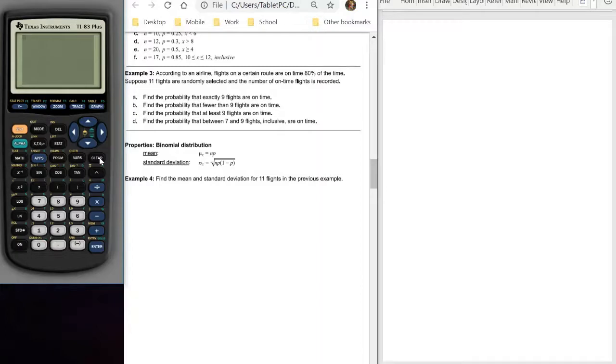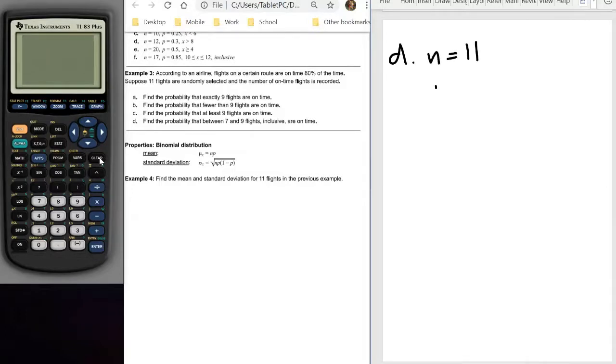In part D, we're looking to calculate the probability between 7 to 9 flights being on time. Now, notice the word inclusive here. The word inclusive means that between 7 and 9, we want 7, 8, 9. Okay? So for part D, here we have number of trials, probability of success, they haven't changed.